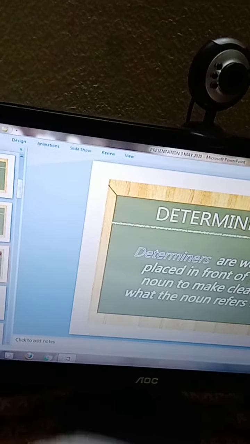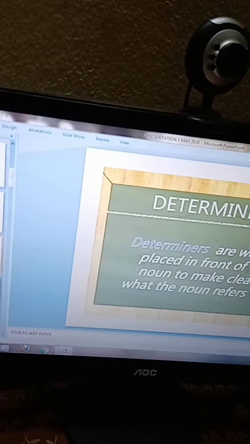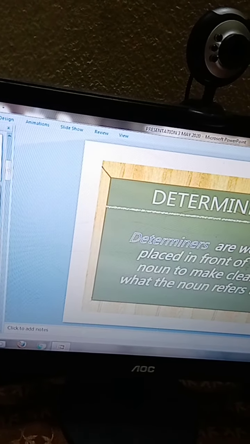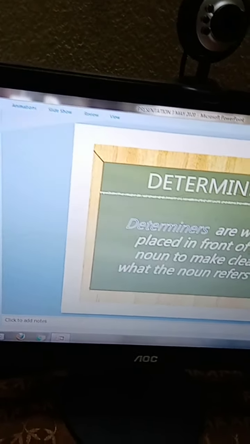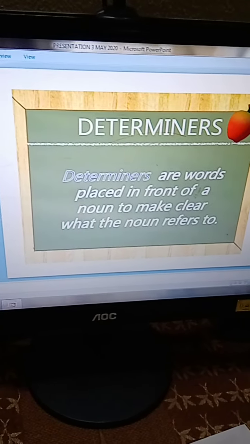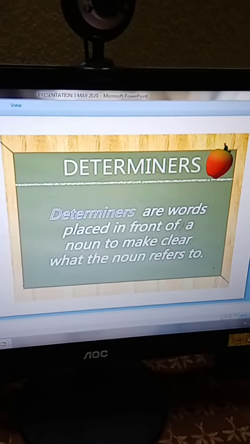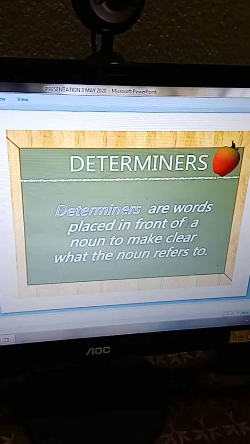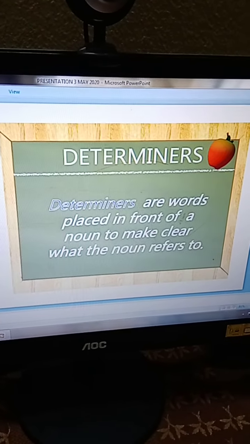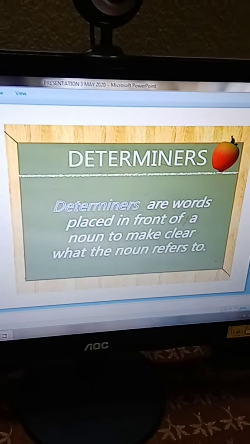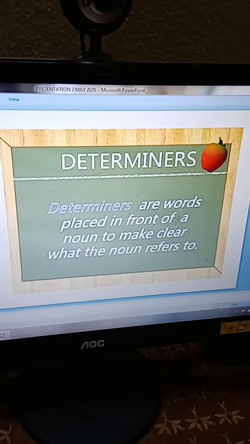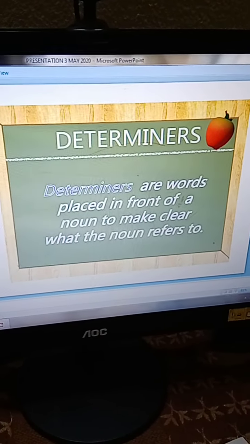So, I hope you are all well versed about nouns and their kinds, whether countable, uncountable, or all the 5 parts of the noun. In the second chapter, you have to study the determiners.